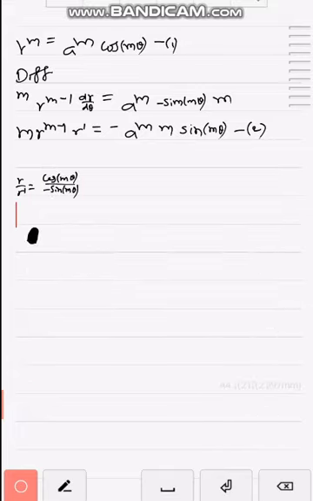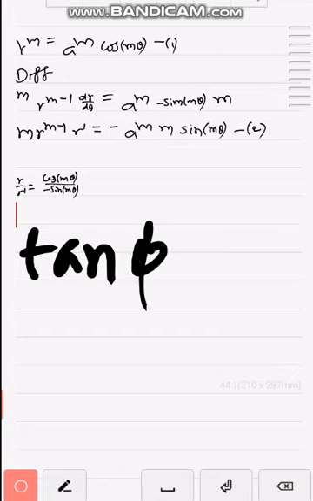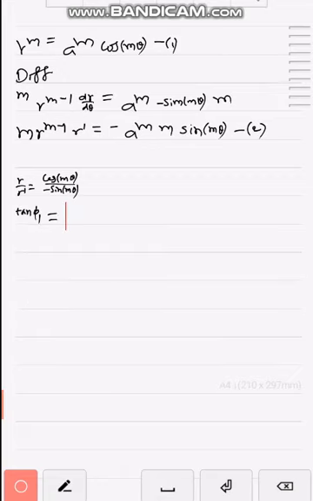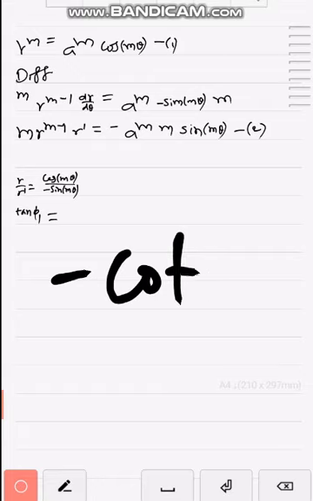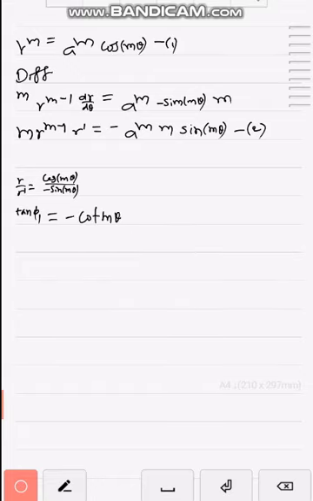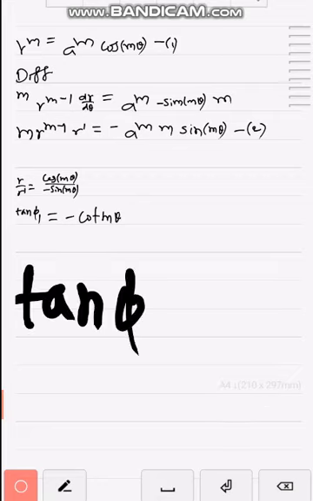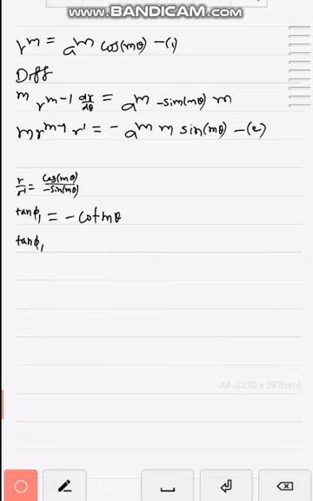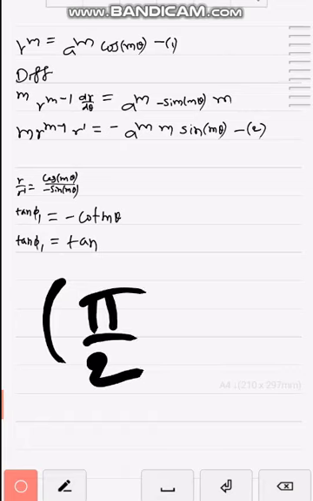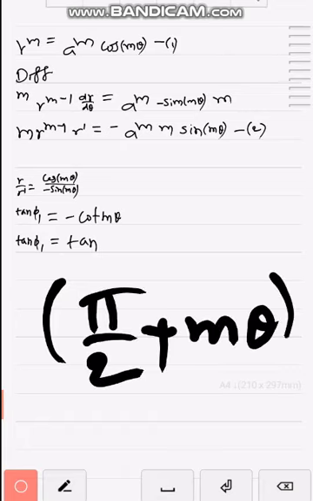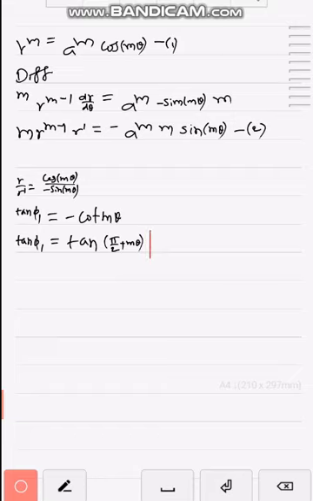The LHS will denote tan phi 1. So it is equal to minus cot m theta. Or in other words, tan phi 1. RHS is in terms of cot, we shall replace it by tan. So tan phi 1 is equal to tan of pi by 2 plus m theta, because you know that cot theta is equal to tan pi by 2 plus theta.